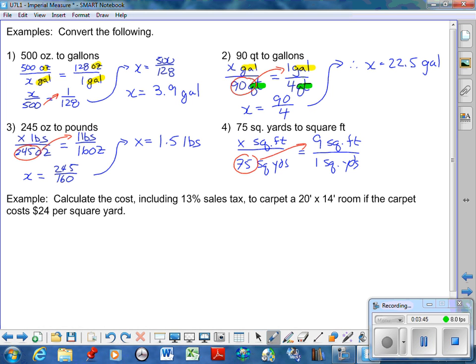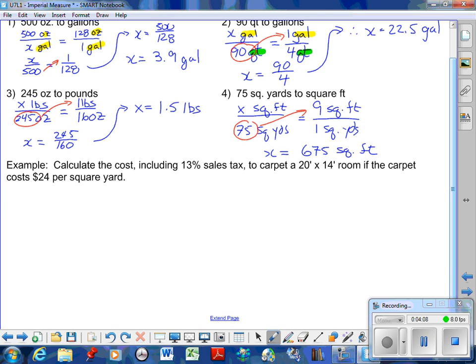That's actually going to give us our final answer. So x will equal 9 times 75. So we get 675 square feet. And there you go.